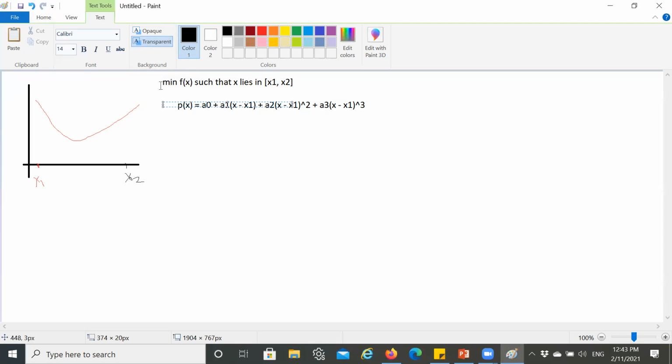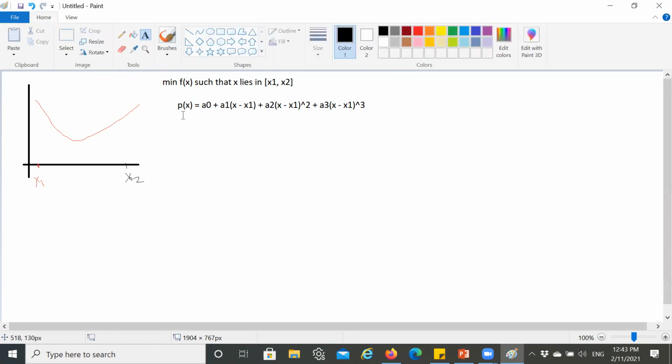Each function, if we write it in the form of a0 plus a1x plus a2x squared and so on, we assume that this function is symmetrical regarding the y-axis, but each function could also be shifted regarding the y and x axis.